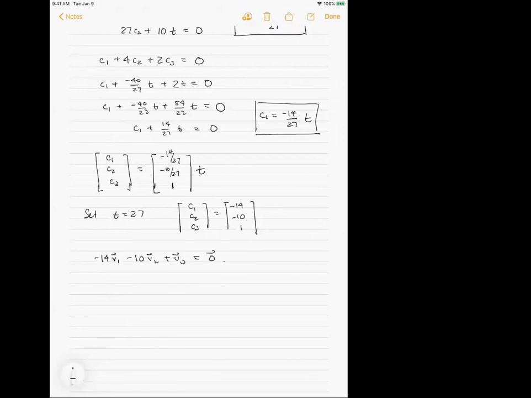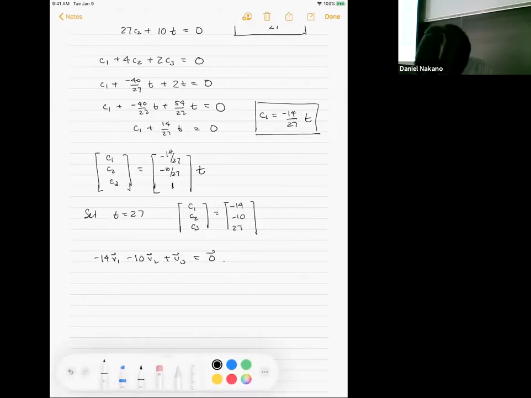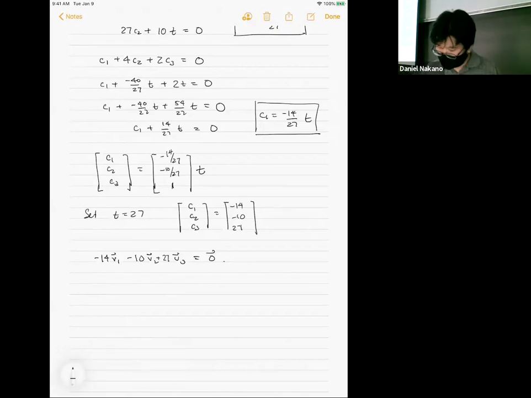Wouldn't it be 27 instead of 1? 27, thank you, that's right, 27. That's the advantage with this, is I can erase. So, plus 27. All right, does that look good? Multiply by 27, okay, good.